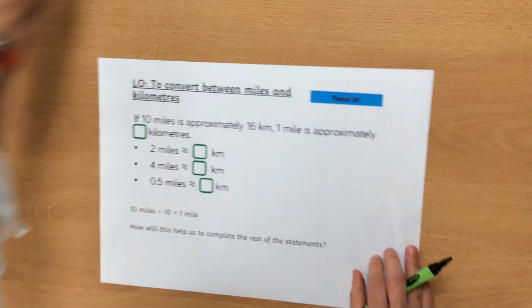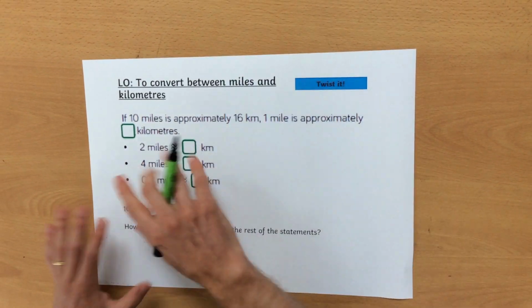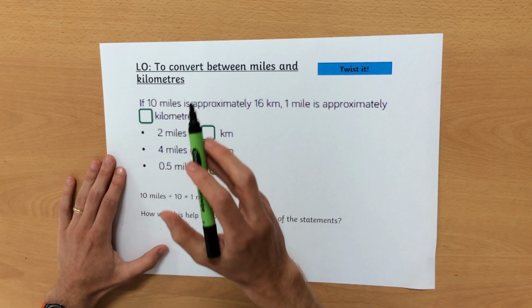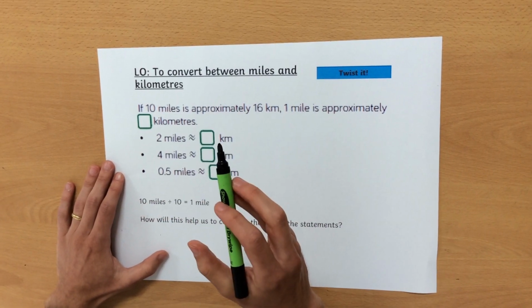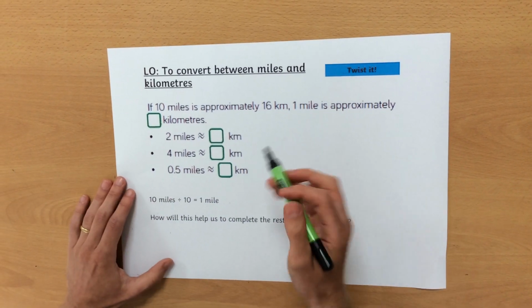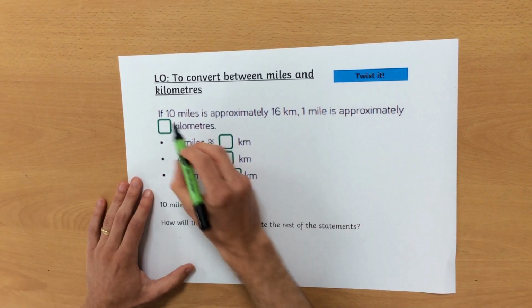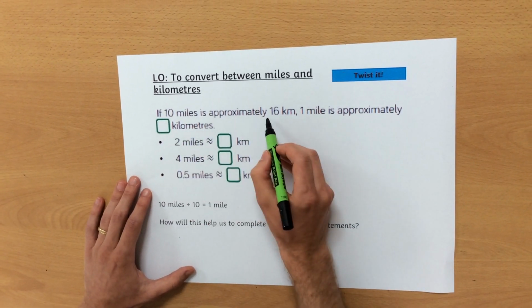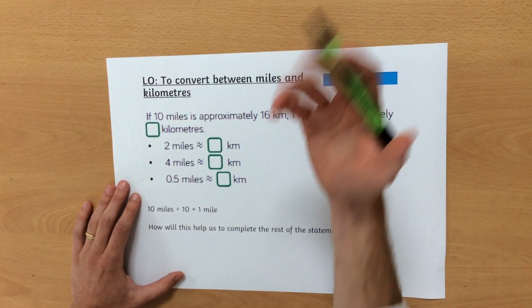I just want to spend a little bit of time now looking at the next question, which is a twist. We've got the same approximation of 5 miles is approximately 8 kilometers, but this time it says 10 miles is approximately 16 kilometers, and we know that's true.